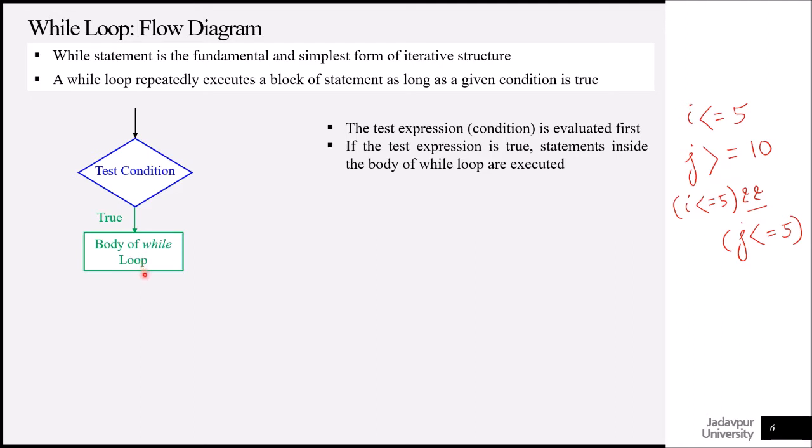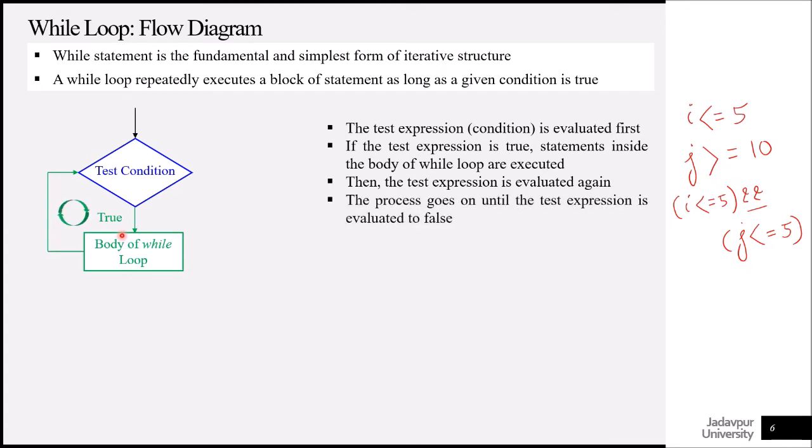Once all the statements are executed, then it goes back to the test condition and evaluates it again. The process is repeated if true is obtained as an answer. So you can see how a loop is set up here like this.